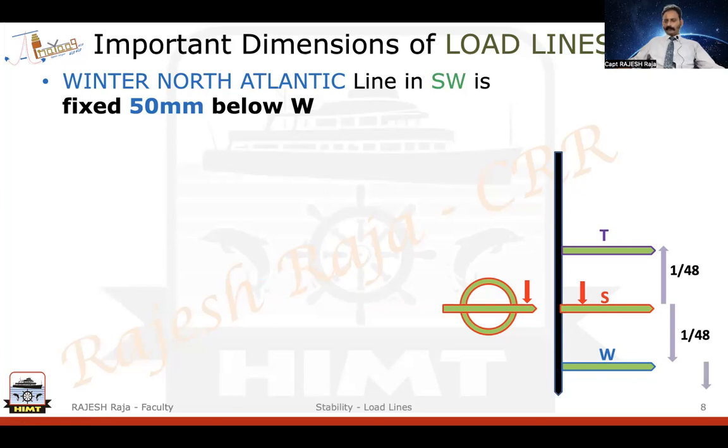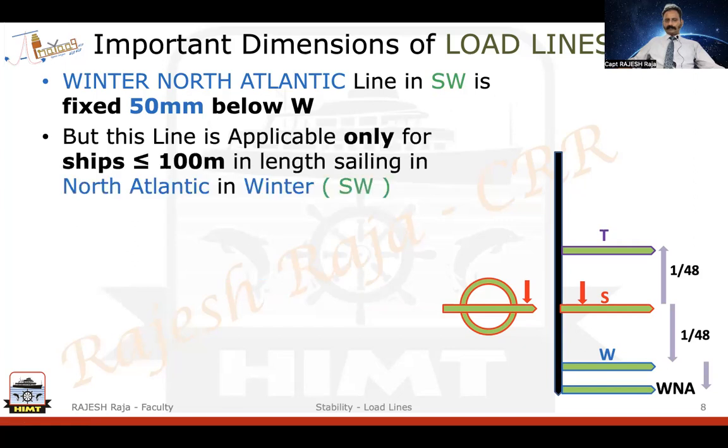I'm going to go 50 millimeter below and draw one more line, which is called WNA. What is special about this? This particular load line is applicable to ships which are equal to or less than 100 meter in length, and they are sailing in North Atlantic, and that too in winter season. So again, this is a saltwater or seawater load line.